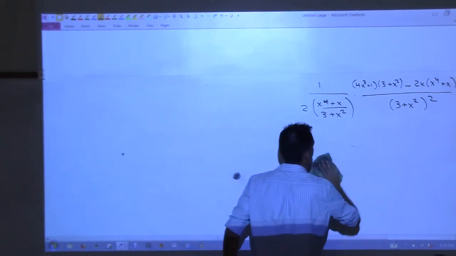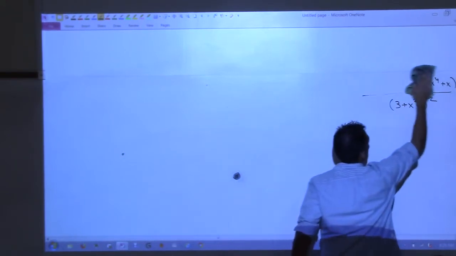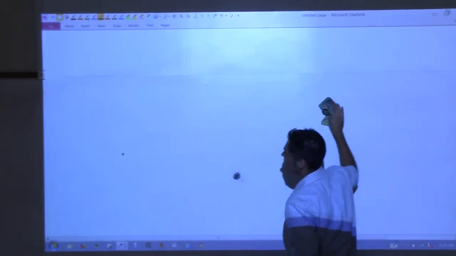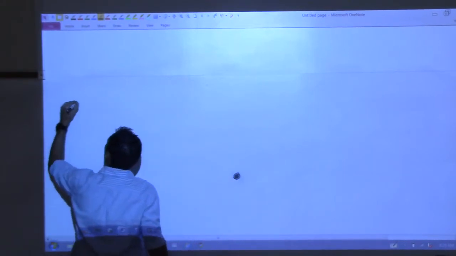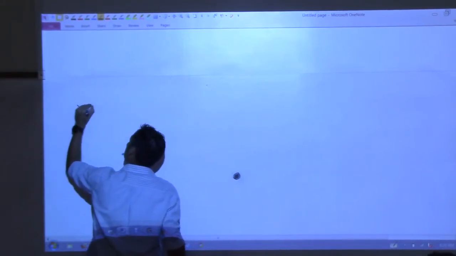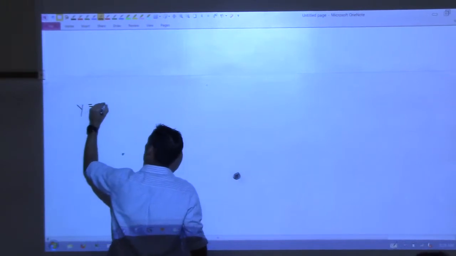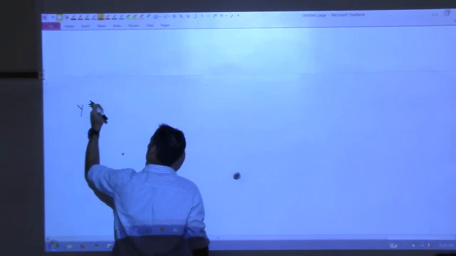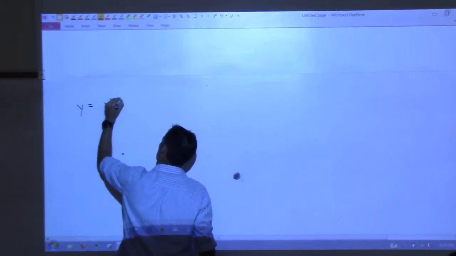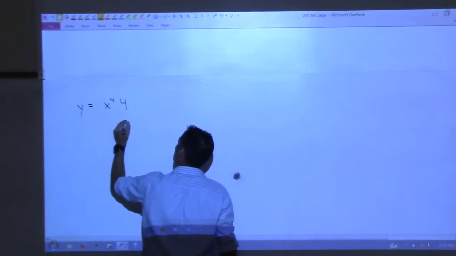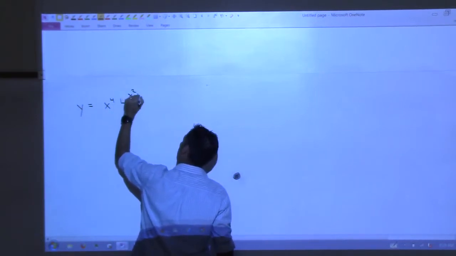Okay. How about this one? y is equal to x to the fourth times 4 to the x squared plus 1.